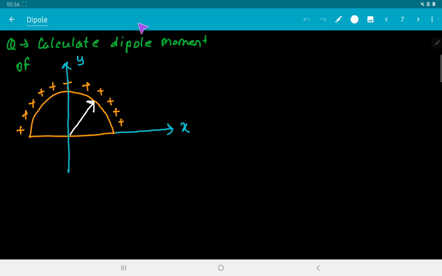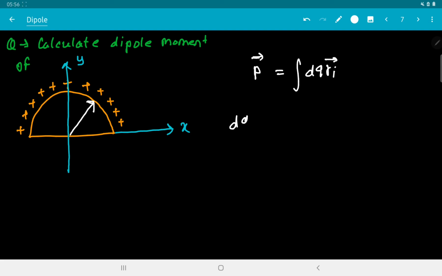We know that the dipole moment, now this is a continuous charge distribution, so we are going to use dq into r, that is the position vector.